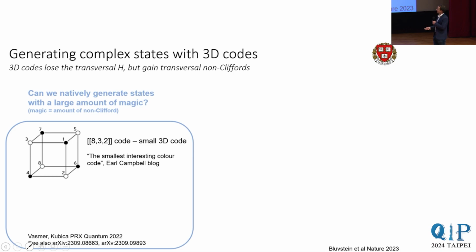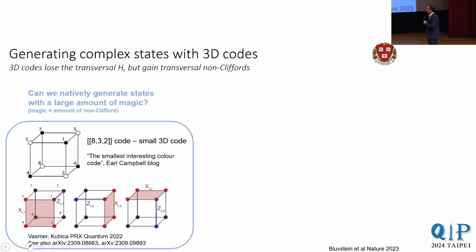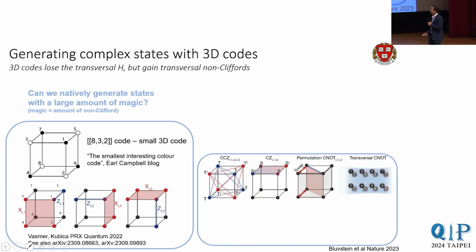This 832 code has many really interesting properties. It encodes these 3 logical qubits that are given by these X faces and Z strings on these 3 different faces and strings. And importantly, it has this really rich transversal gate set. It allows you to do a logical CCZ just by doing single physical qubit rotations, like T's. And this sounds like cheating.